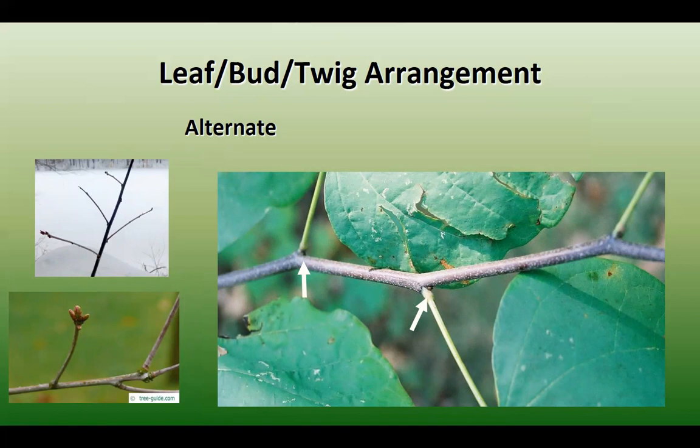And you can also see that this twig tends to bend towards each place that there's a leaf. That doesn't always happen. If you look on the left, the upper picture is the red oak, and the lower one is the white oak. And those are pretty straight. They don't wiggle back and forth the way that the redbud does.